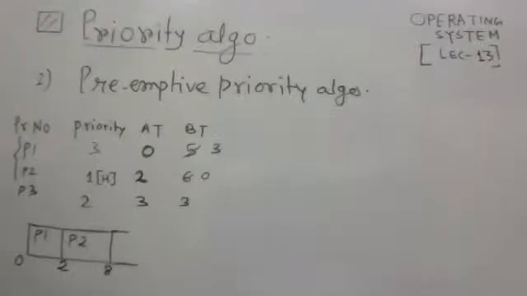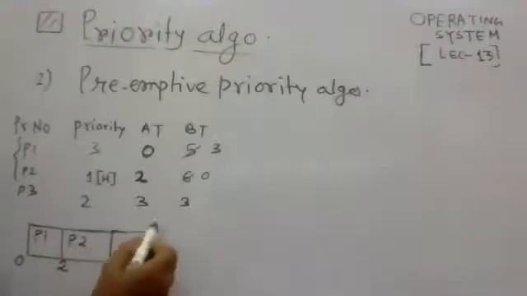Now at this moment in the ready queue, we have 2 processes, P1 with priority 3 and P3 with priority 2. So obviously P3 is the highest priority process. Next we schedule P3.